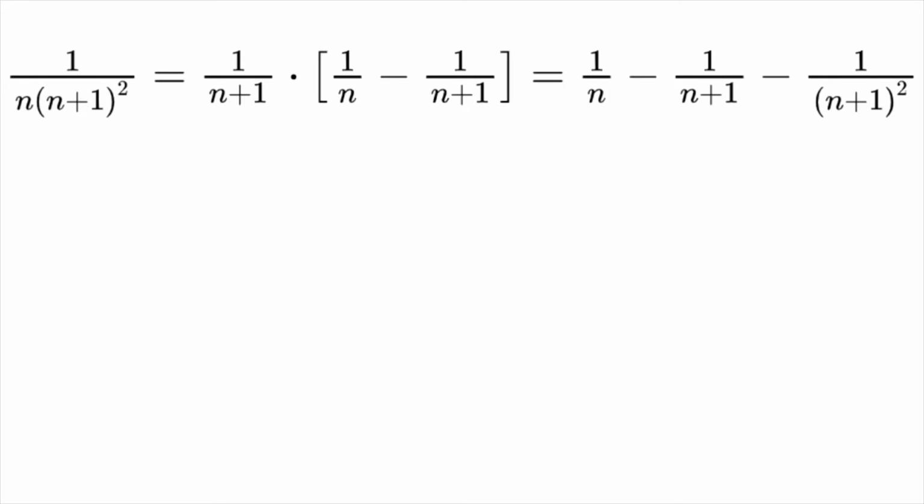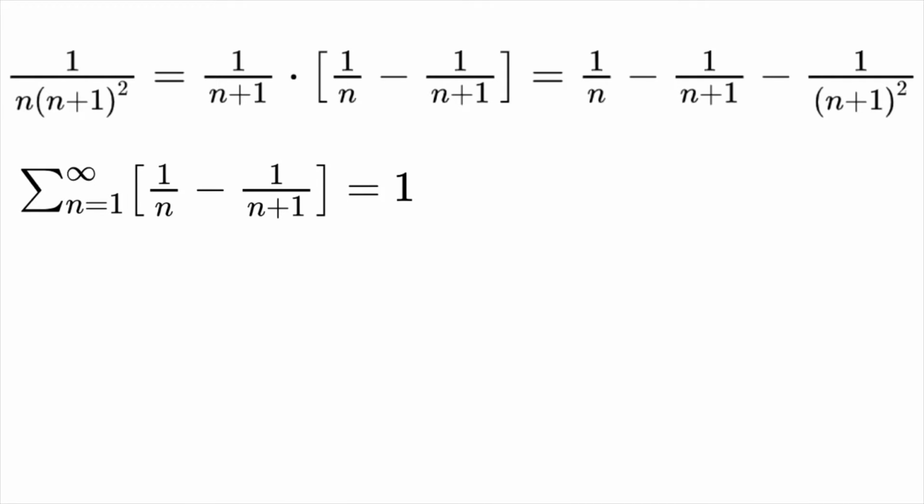So in the first line we have 1 divided by n plus 1 times (1 by n minus 1 by n plus 1). Now we separate out 1 by n into (n plus 1). So from that we get 1 by n minus 1 by n plus 1 minus 1 by (n plus 1) whole square. It is very easy.